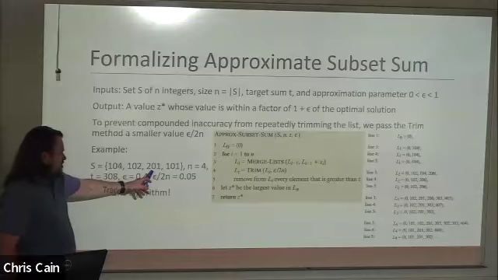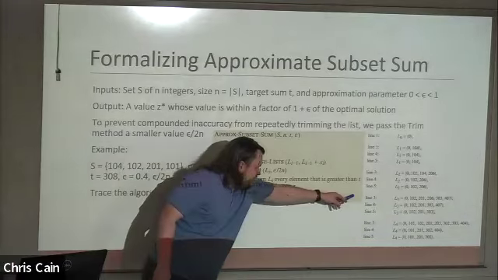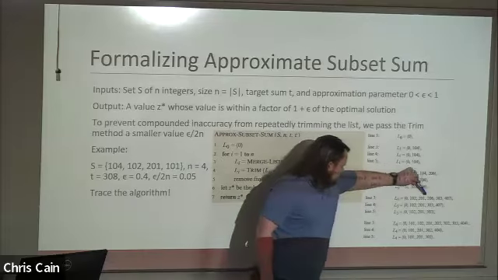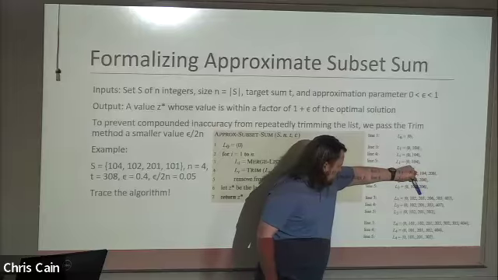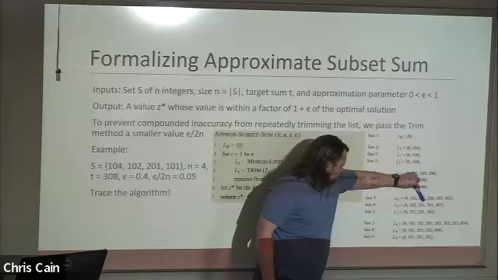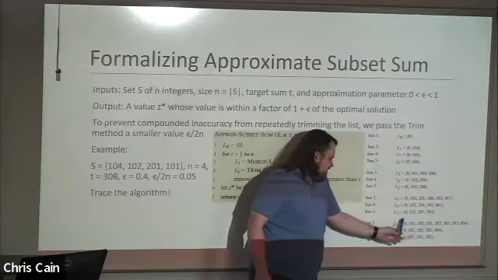We're going to add 201 to every element in the list. That gives us everything we see here in line 3. Then we go through the trimming process and we see that 206 is within 5% of 201, so 206 gets trimmed, and that's it. Then we remove everything greater than 308, which is the 407, that goes away.